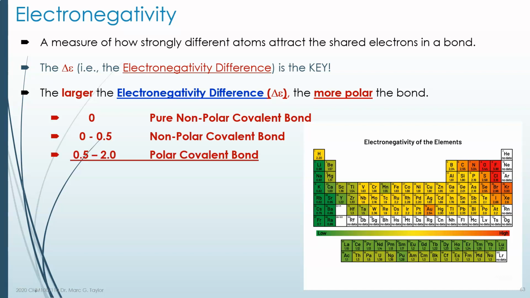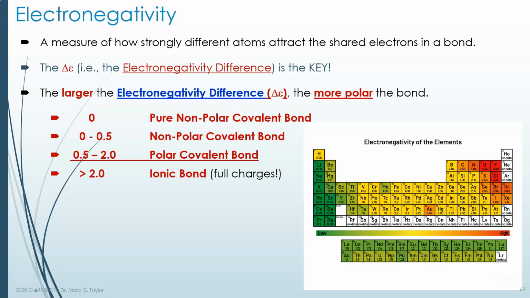However, when you have atoms that are quite different in electronegativity, say oxygen, which is 3.44, and hydrogen, which is 2.20, well, then your difference would be 1.24, and that's a significant difference. That's above 0.5, but less than 2. Now you have polarized the bond significantly, and this would be called a polar covalent bond, and we'll show an example of that in the next slide.